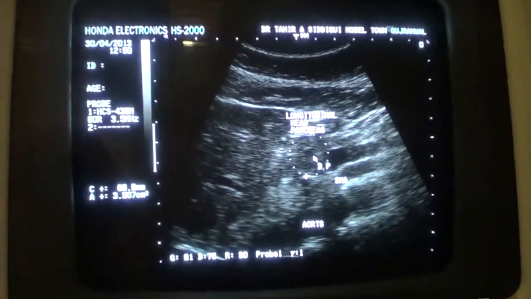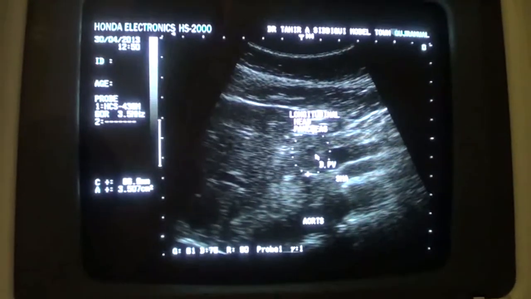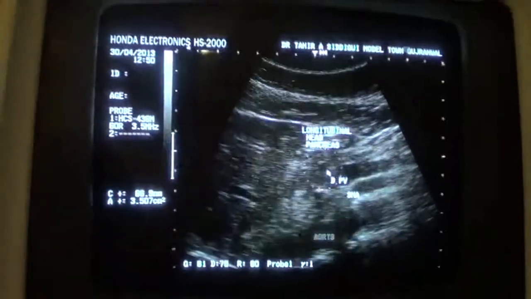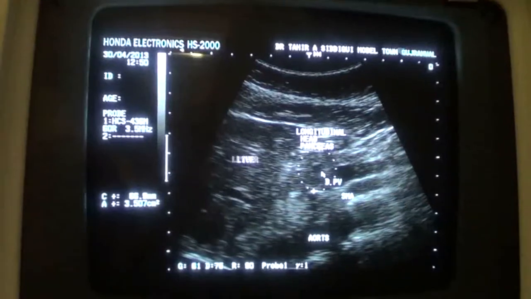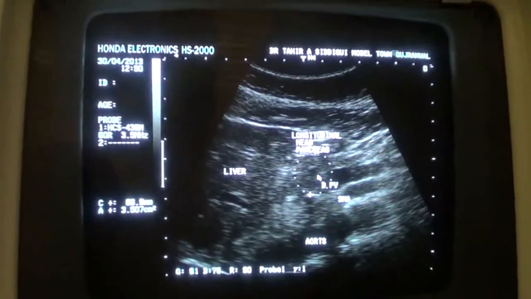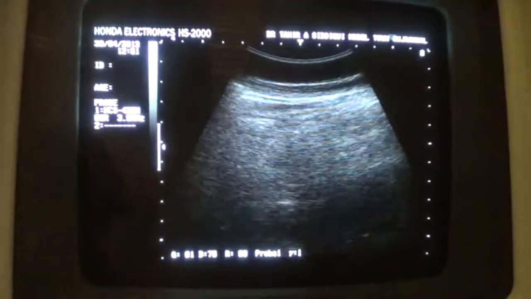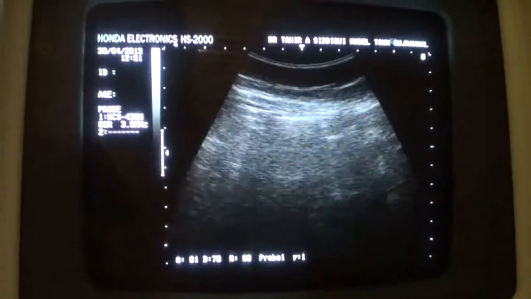This is the portal vein. This is the liver. These are all bowel gas shadows.